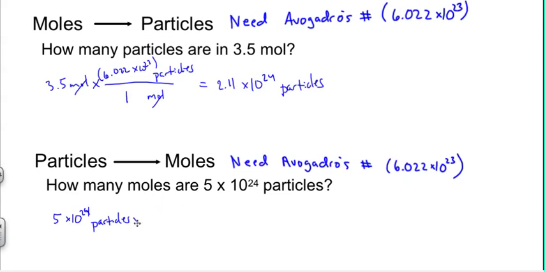I'm going to set up my conversion factor here. Particles is on bottom, moles are on top, and in 1 mole I have, again, Avogadro's number, which is 6.022 times 10 to the 23rd particles.